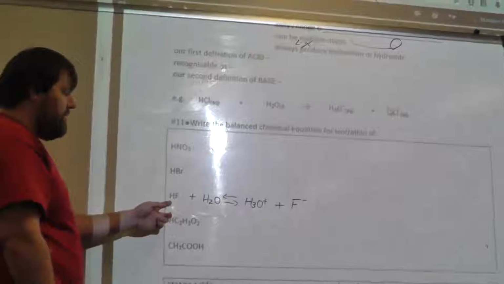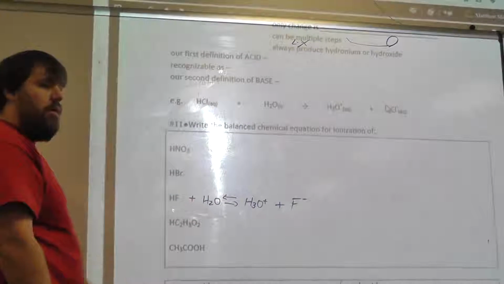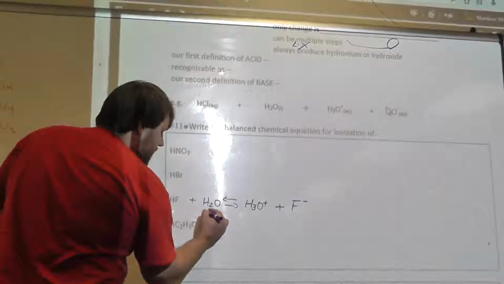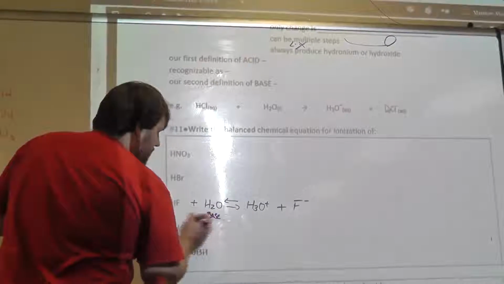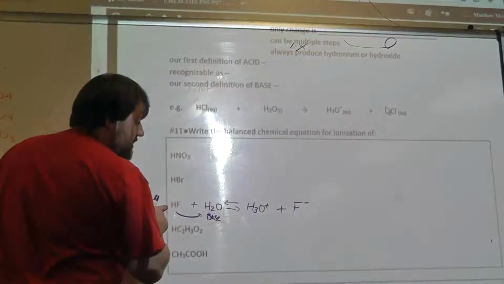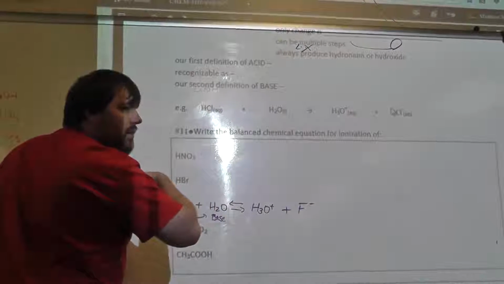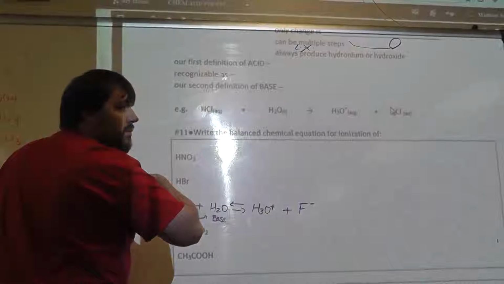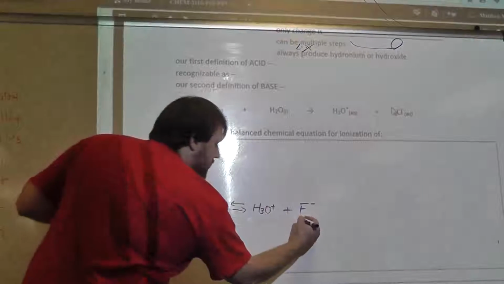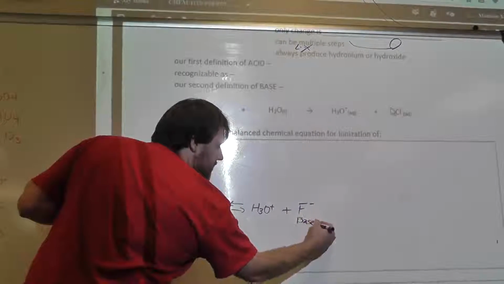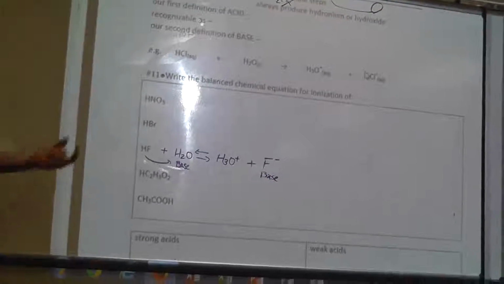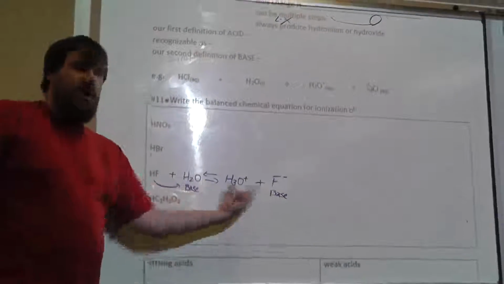Is the hydrofluoric acid accepting another hydrogen, or is the water? Water. So over here, this is acting as the base. It's accepting the hydrogen from that acid. Now, who's accepting the hydrogen from this side to go back? The fluoride. So now this is the base. Does that make sense? You don't necessarily have the same base on either side.